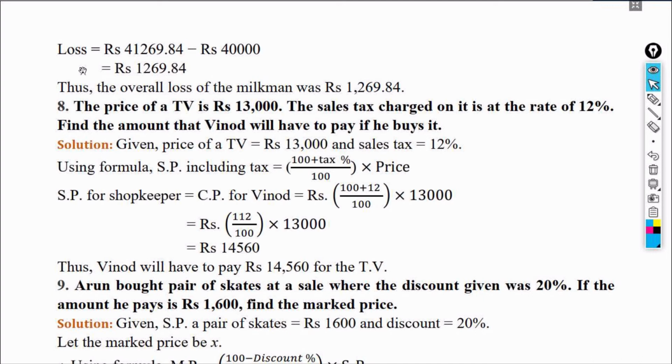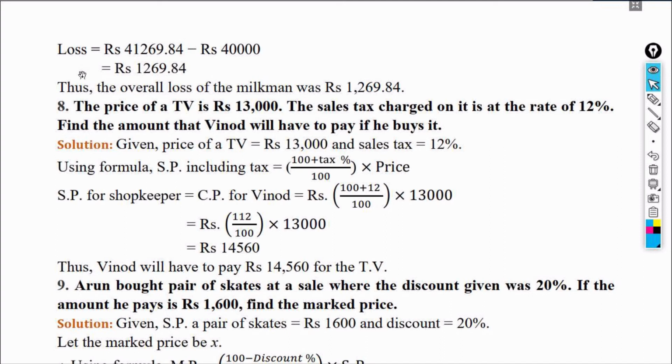That means the selling price for the shopkeeper is the cost price for Binod. So, how much Binod has to pay, that we have to find. This question is also an important question.